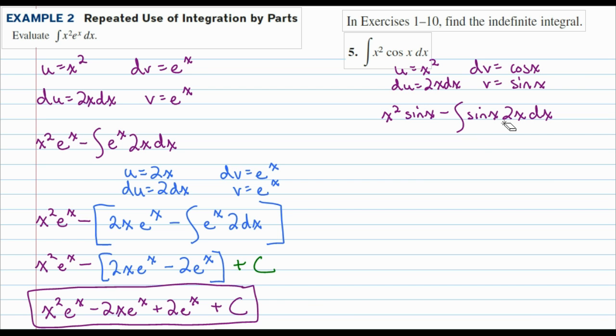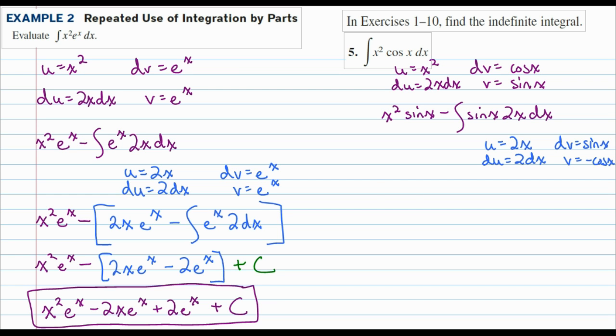Again, I'm going to stick with u being 2x, and then dv is now going to be sine of x, related to the u and dv from before. The derivative of u is 2 dx, and then the antiderivative of dv is negative cosine of x.